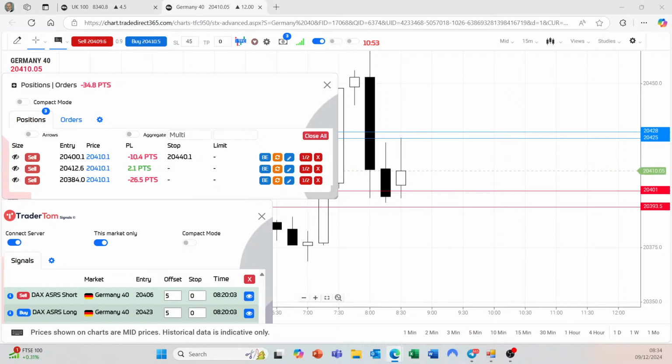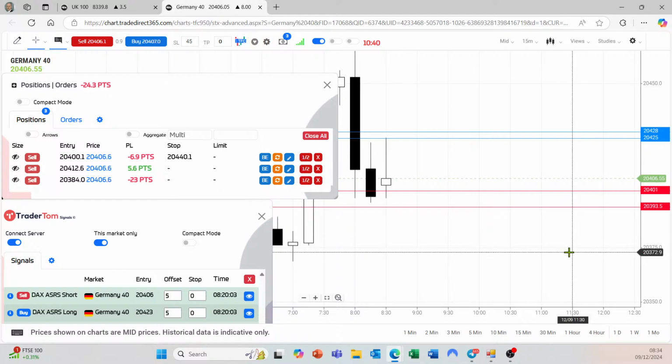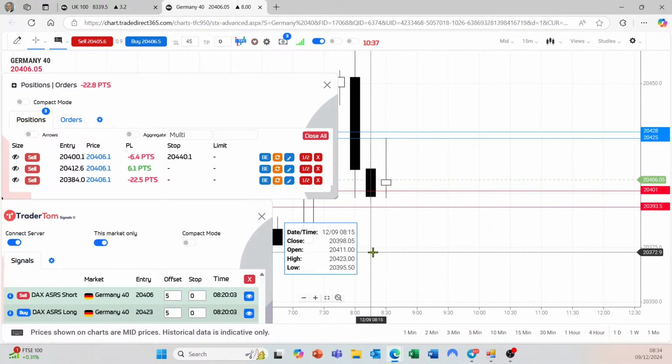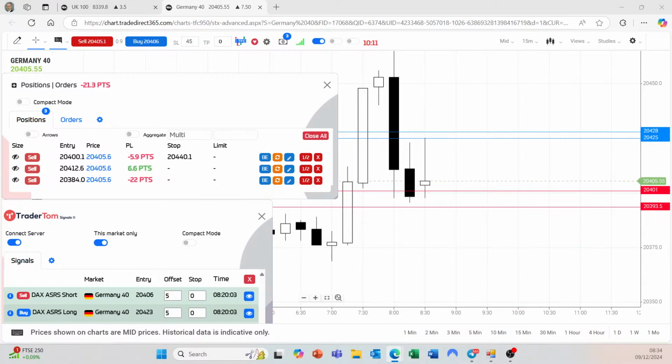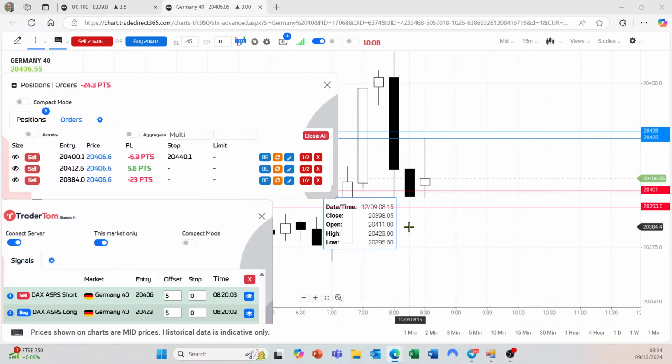My stop loss in the FTSE is at 44. I could see myself adding to the DAX here if we broke below 400.